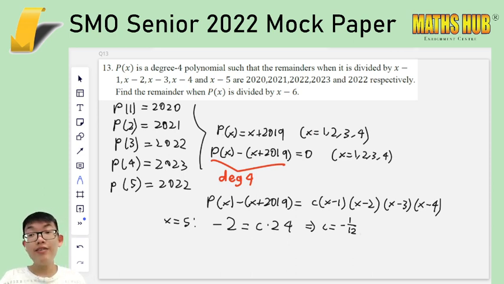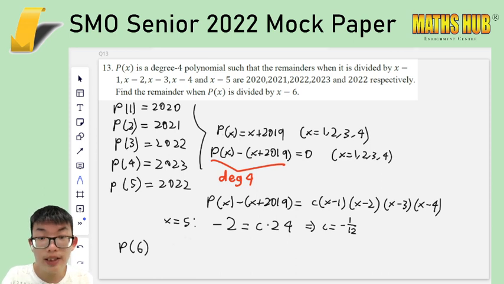So lastly, we are supposed to find the remainder when p(x) is divided by x minus 6, and that is simply p(6). So once we have found out everything about what the polynomial is, this is just a substitution directly.